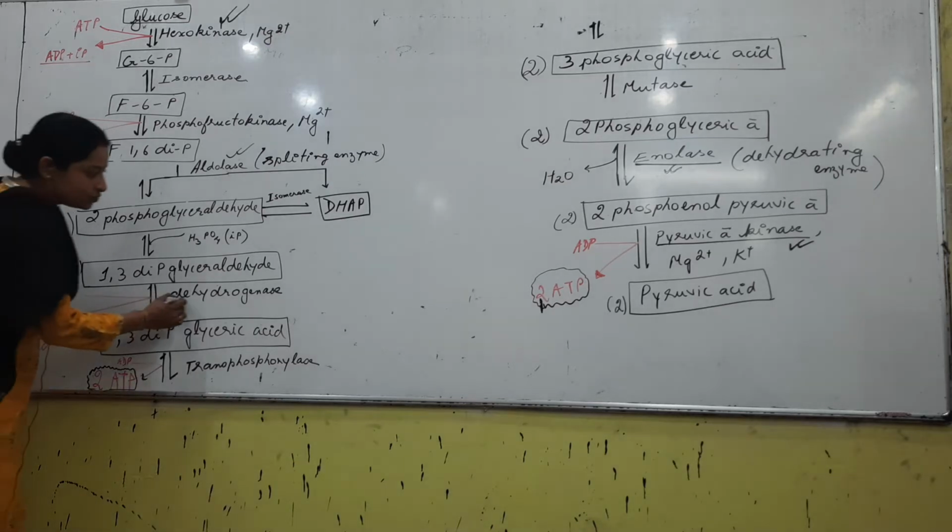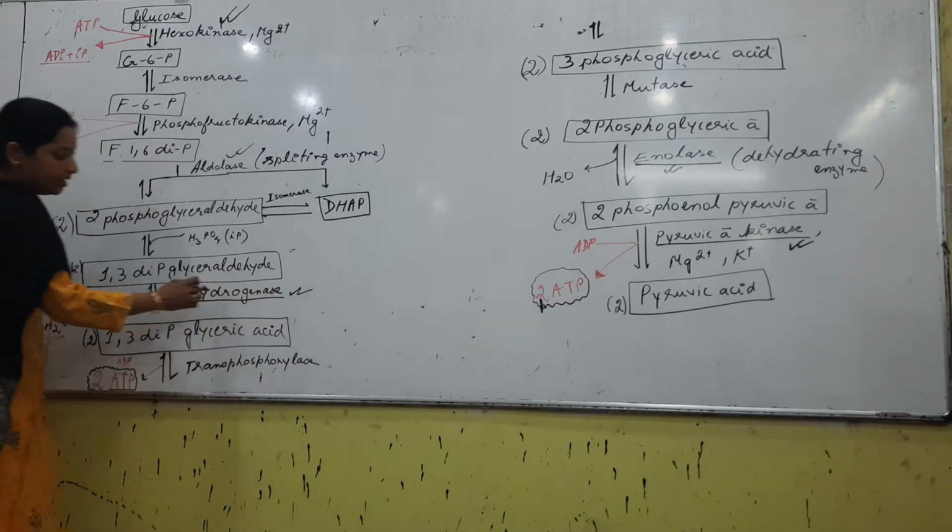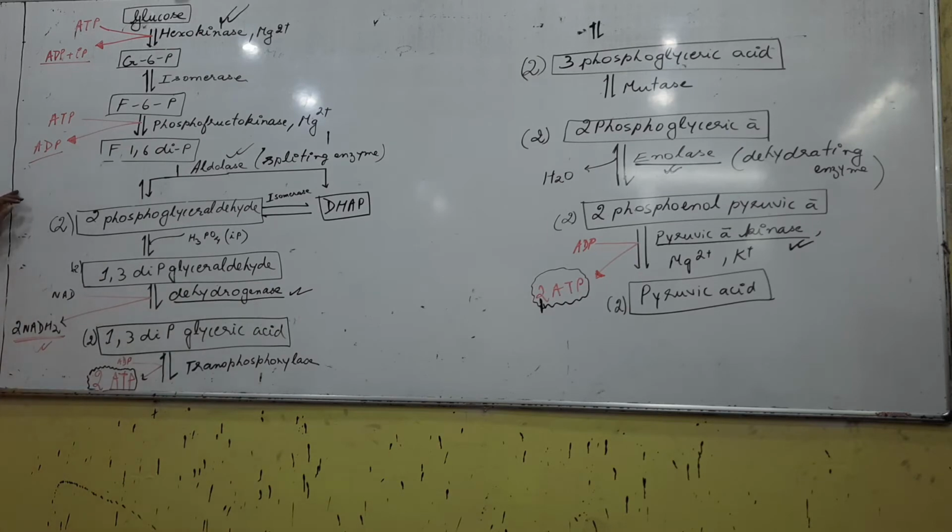Next is this word: dehydrogenase. Keep this word in mind, because it is the name of an enzyme that we are going to study during the Krebs cycle also, right? NADH dehydrogenase, FADH dehydrogenase. Whenever you see the word dehydrogenase, at that step you have to remember that dehydrogenase always produces a reducing cofactor. We know three reducing cofactors: NADPH2, NADH2 and FADH2.